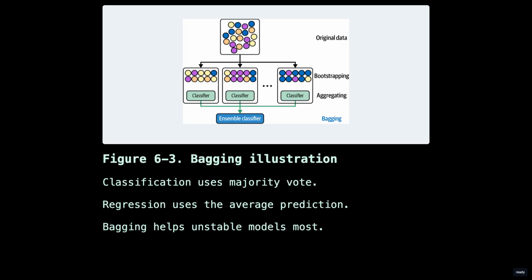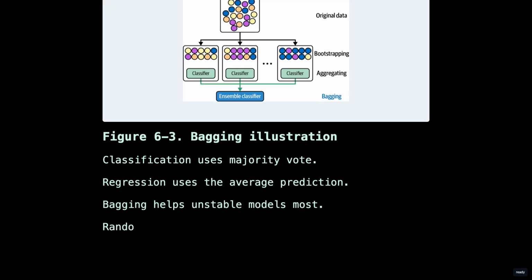Stable methods already behave consistently, so they have less room to improve and may even lose a little precision. Random forests are the classic bagging example. Each tree sees a bootstrap dataset and only a random subset of features, and that extra randomness makes the trees less correlated.